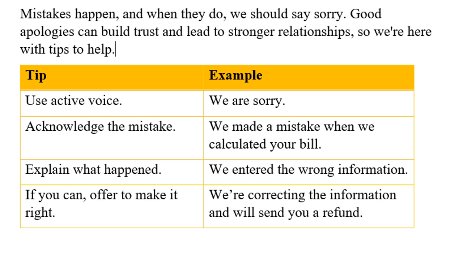So, how do you do that? You use the active voice, you acknowledge the mistake, you explain what happened, and if at all possible, you offer to make it right and explain what you would do in the future to try to prevent that same type of incident from happening again.